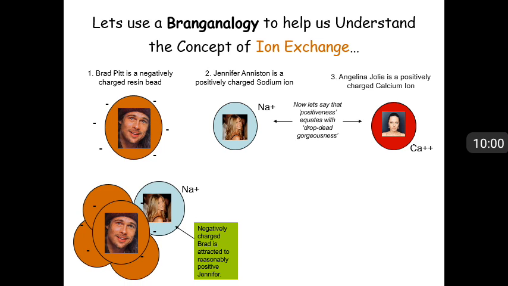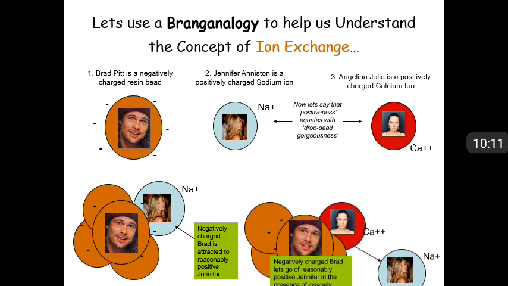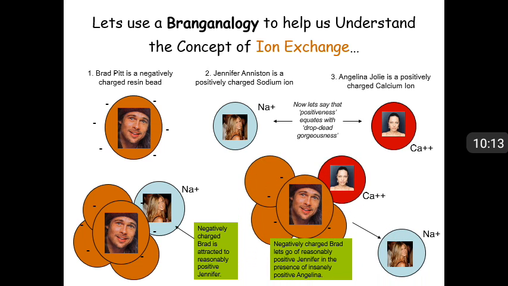If Brad Pitt forms a bond with Jennifer, negatively charged Brad is attached to reasonably positive Jennifer. Okay, and if Brad Pitt is attached to Jennifer, and now becomes attached to Angelina, then it will form a stronger bond because the calcium ion is more positively charged.